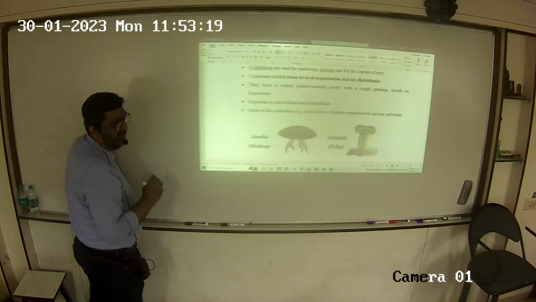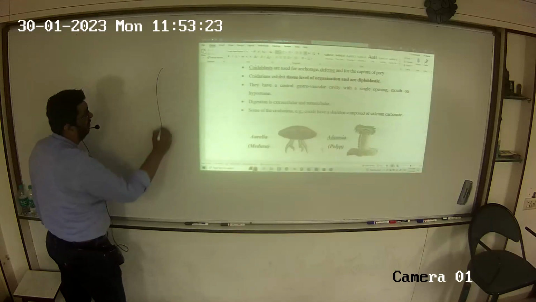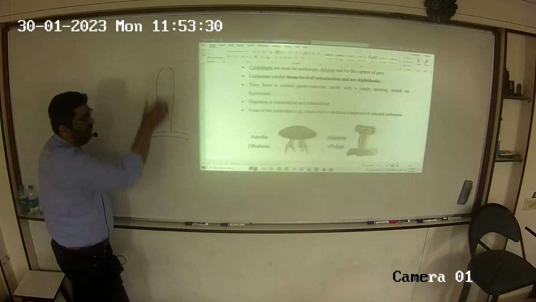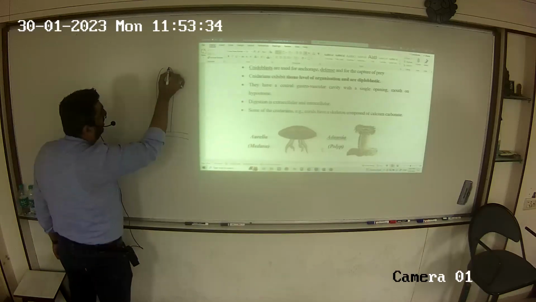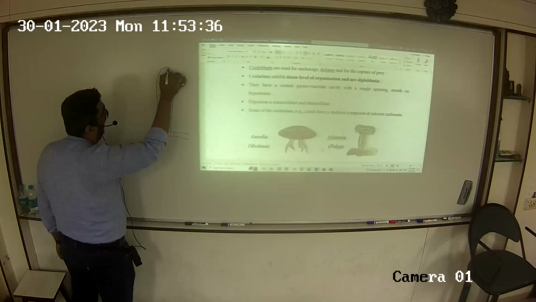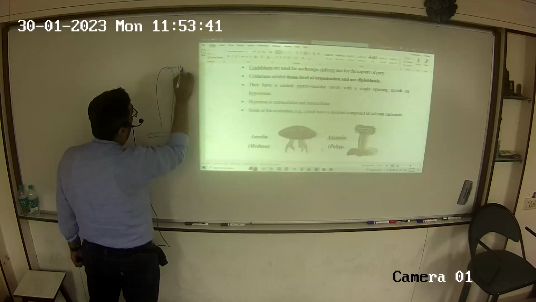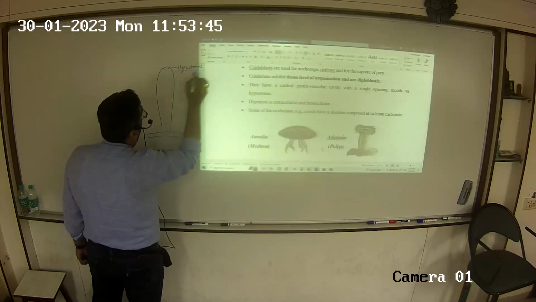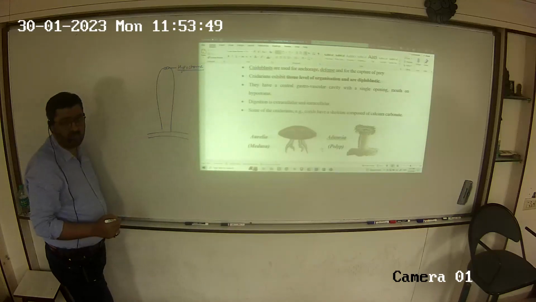So when you consider an organism like Hydra, this is the substratum, the body of the Hydra. Now, on the body, at the top, there is a structure called the hypostome. On the hypostome, there is an opening called the mouth.